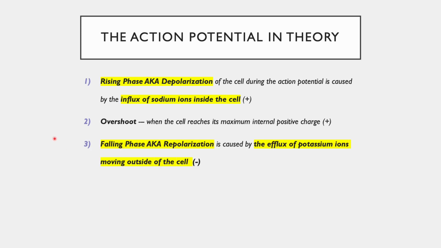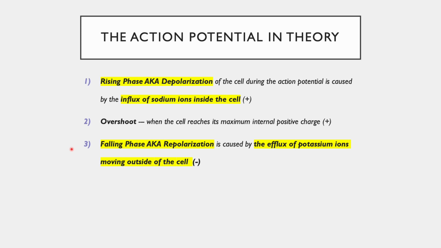In the falling phase, known as repolarization, the sodium ion channel gates close and the potassium ion channel gates open. In this falling phase, it's important that there's an efflux of potassium ions moving outside of the cell to help the cell regain its negative charge.